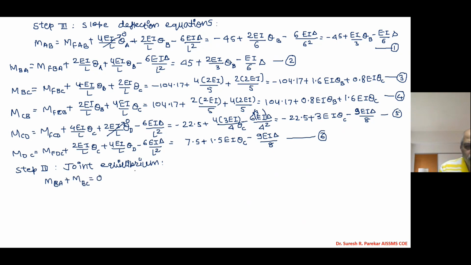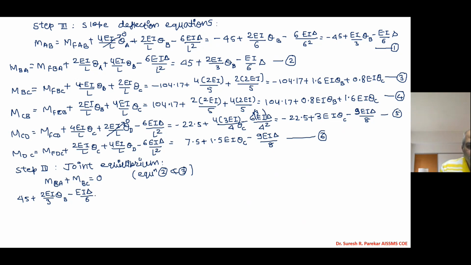So we have to use equations 2 and 3. Now equation 2 we have 45 plus 2 EI by 3 theta B minus EI delta by 6.